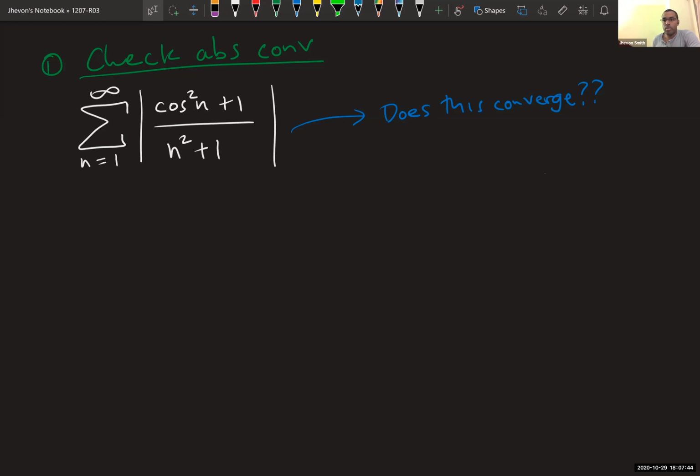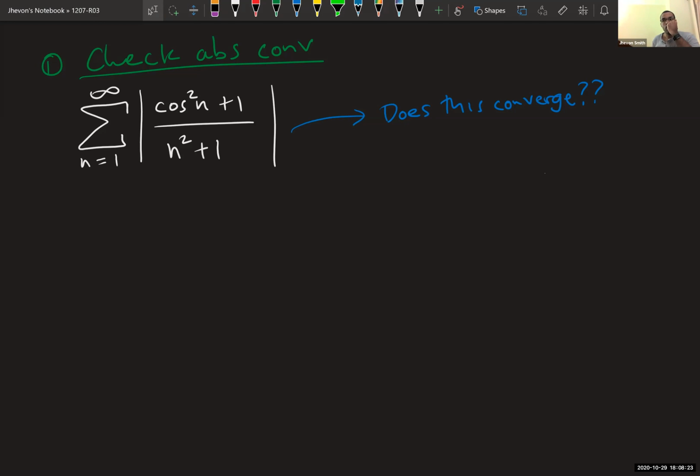But any ideas on what we can say about this? You can take your intuition from limits and improper integrals, sort of the same strategy. You see an absolute value around a cosine squared plus 1. What do you think? It's not really necessary because cosine squared will always be positive.